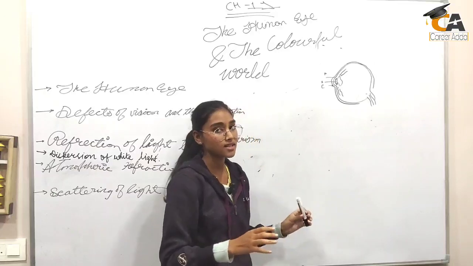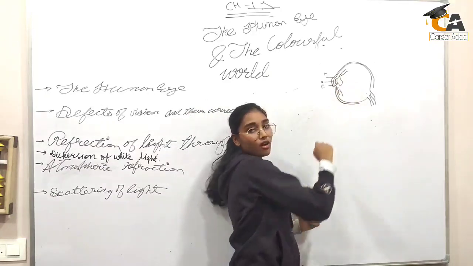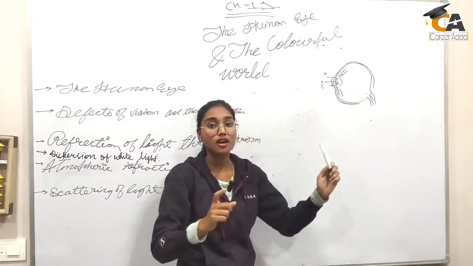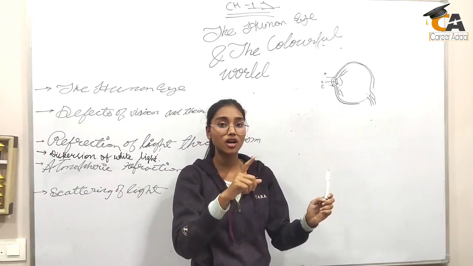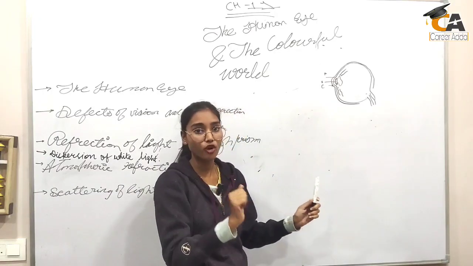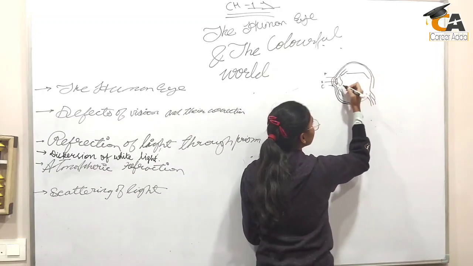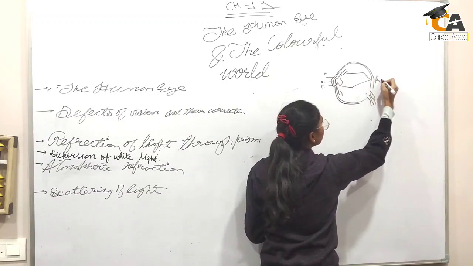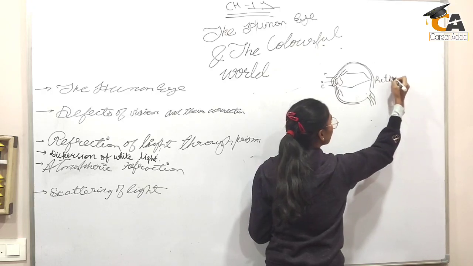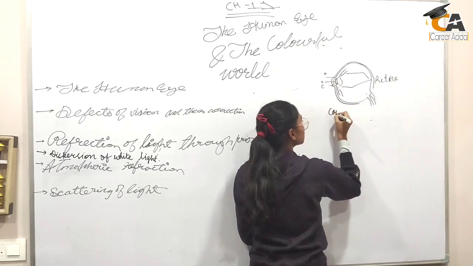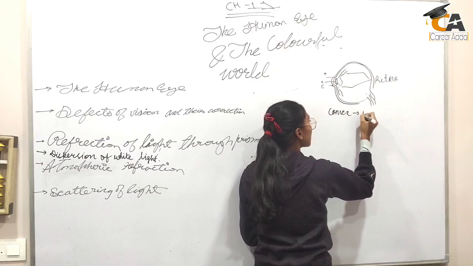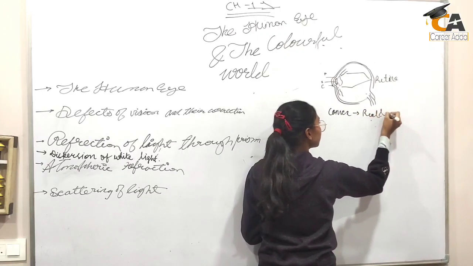They keep holding the convex lens which is present over here. The convex lens helps to converge the light rays coming in, and they get converged over here. Here is the retina, and the image is always formed on the retina. Due to the presence of the convex lens, the image is always formed real and inverted.